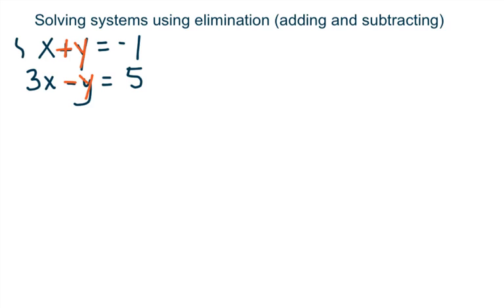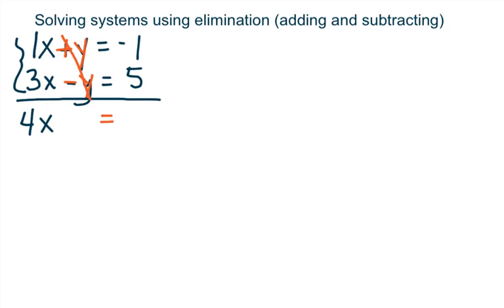So we are going to use what's called the elimination method, where we add the two equations together. And when we do that, we get 4x, because the coefficient in front of the x is 1 there. So if we add these, we get 4x. We have a positive y and a negative y, so those cancel out.